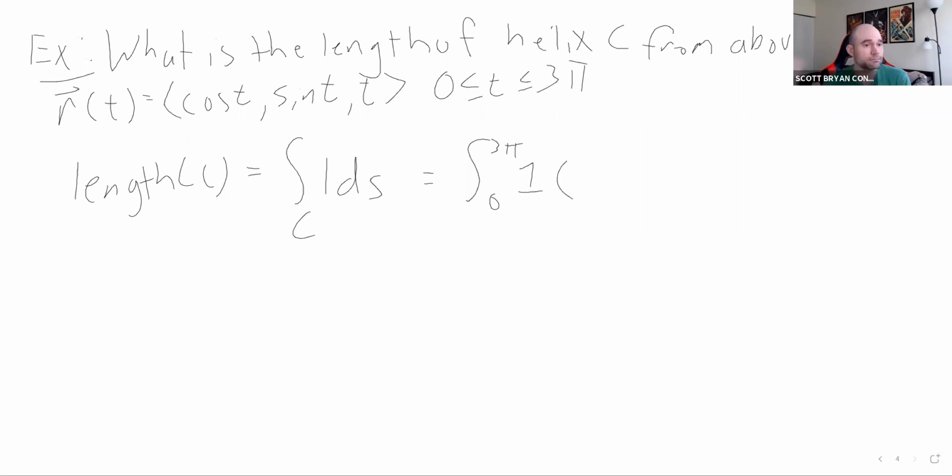And we said magnitude r prime t was just root 2. Oh, not square root r prime. So we're just integrating root 2 from 0 to 3 pi.